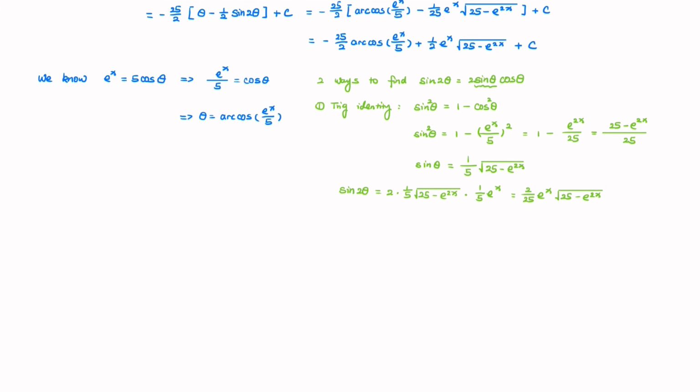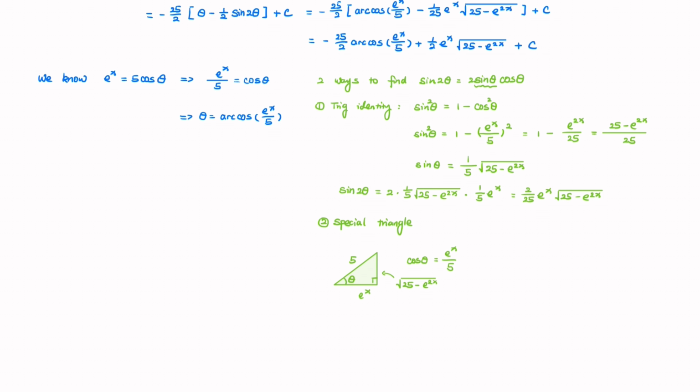And the other way to find sine 2x is using a special triangle. Start with this: I know cosine theta, so we can draw a right triangle, of course. Oops, this is not a right triangle. Let's call this theta. I know cosine theta is e to the x over 5, so I can set the adjacent side as e to the x over 5, and the hypotenuse as 5, and in that case this length is going to be the square root of 25 minus e to the 2x.